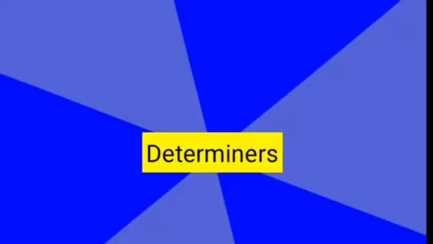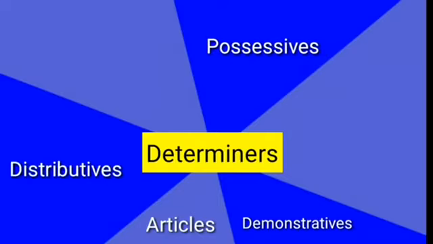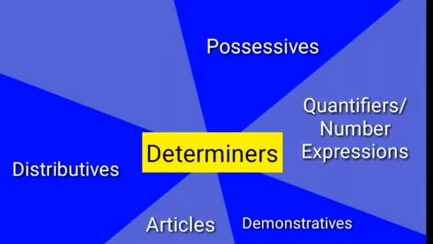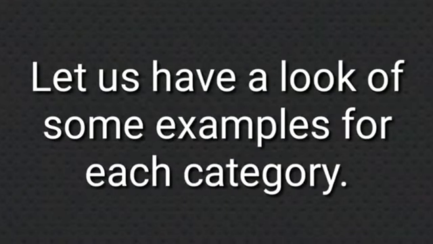Determiners can be categorized as follows: articles, demonstratives, possessives, distributives, quantifiers or number expressions, and interrogatives are all determiners. Let us have a look at some examples for each category.